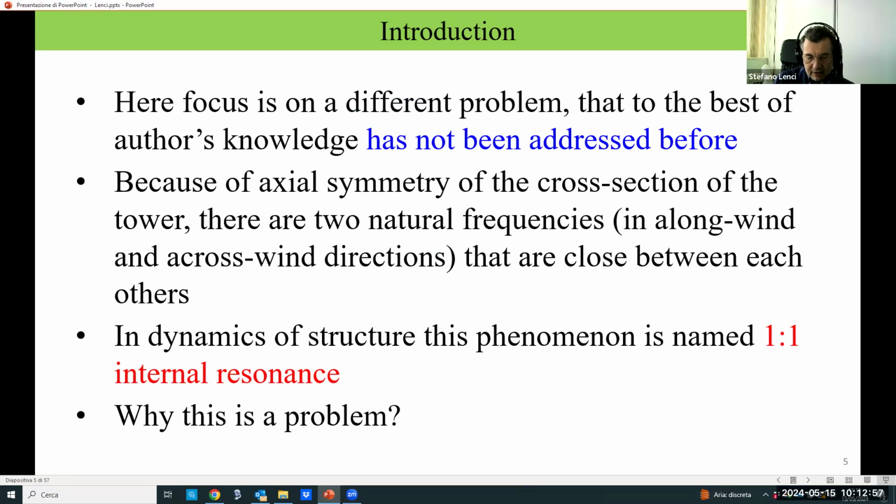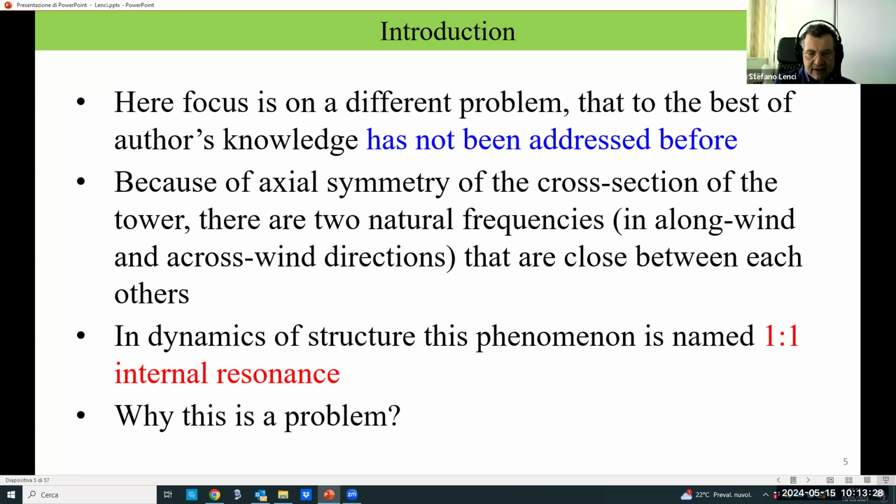Since the wind turbine tower is made by a circular cross-section, it has the same stiffness in two directions. Let's say the direction of wind, that we name along wind, and the direction across wind. Since the stiffness is the same, and of course the mass is the same, you naturally have two natural frequencies that are the same in the direction of the wind and the cross direction of the wind.